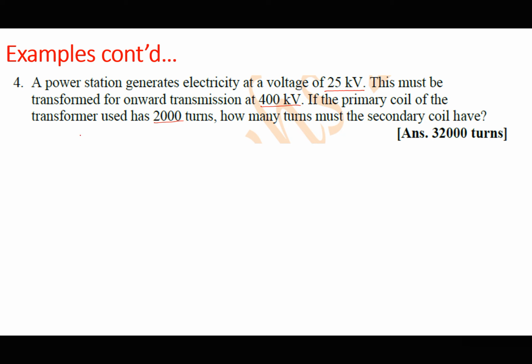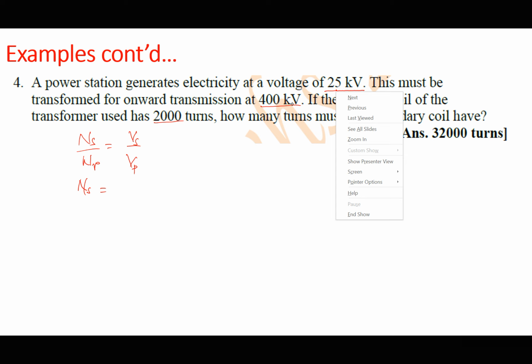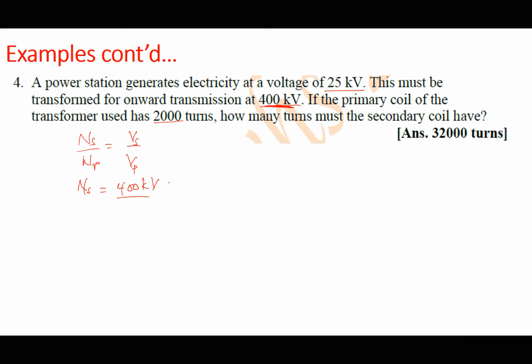So the number of turns in the secondary over the number of turns in the primary is equal to the voltage of the secondary over the voltage of the primary. They told us that the primary has 2000 turns. What will be the secondary? The power station generates electricity at 25 kilovolts, so this should be the input to the transformer. It must be transformed for onward transmission at 400 kilovolts, so the voltage of the secondary is 400 kilovolts and the voltage of the primary is 25 kilovolts.